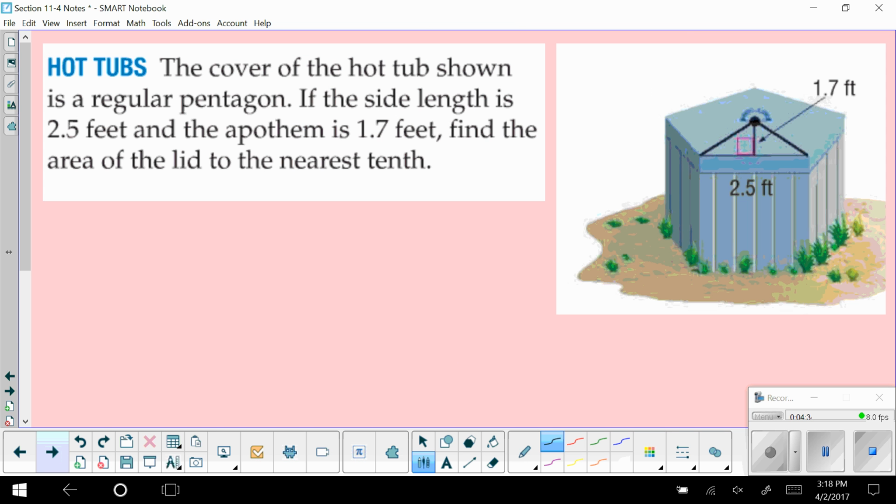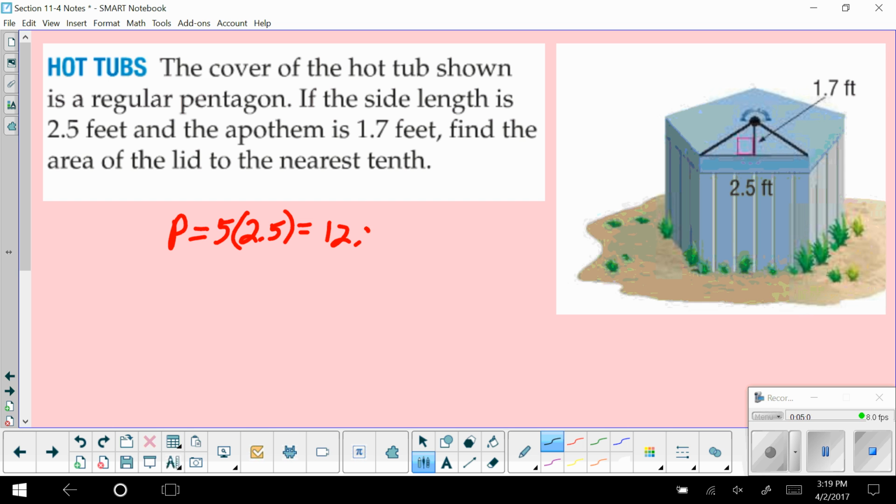So let's go to an example here. The cover of a hot tub is a regular pentagon. We're told the side length is 2.5 feet. We are told that the apothem is 1.7 feet. Well, the perimeter is the number of sides times the length of one side because it's equilateral. So 5 times 2.5 is 12.5.